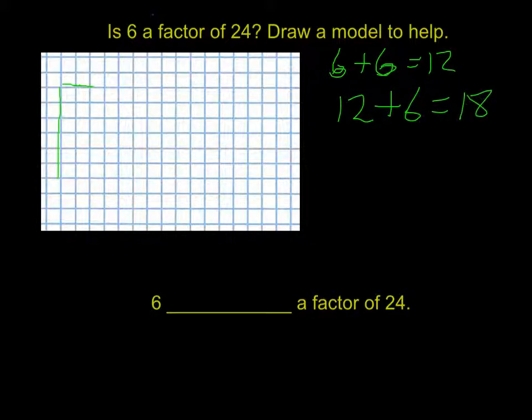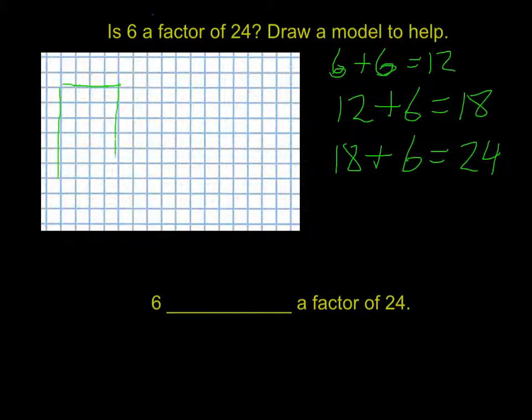Then we take our 18 and add another 6, and that's going to give us 24. So we know that 4 times 6 is 24, because we have 1, 2, 3, 4.